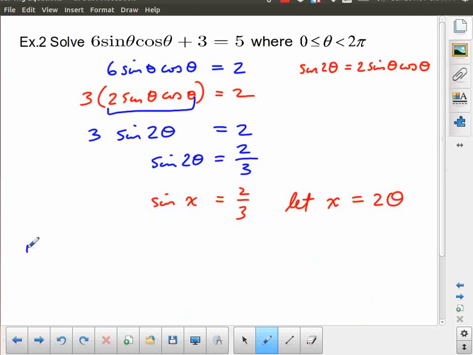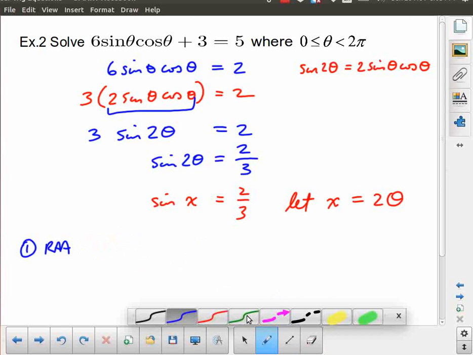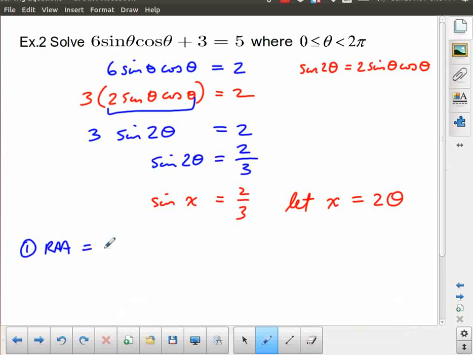And so once again, I'm going to start with the related acute angle. In this case, since sine x equals 2/3, my related acute angle is going to be equal to the inverse sine of 2/3. Now this one's already positive, but I would make it positive no matter what.